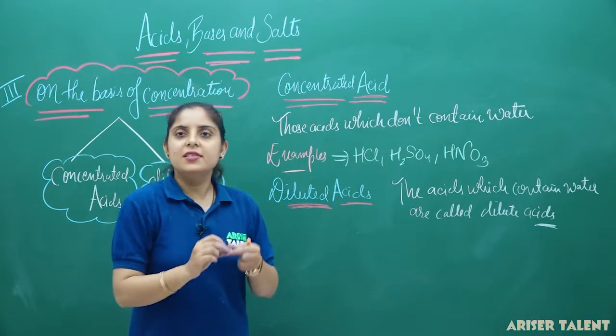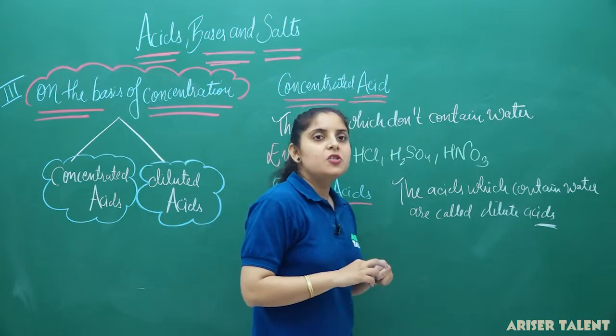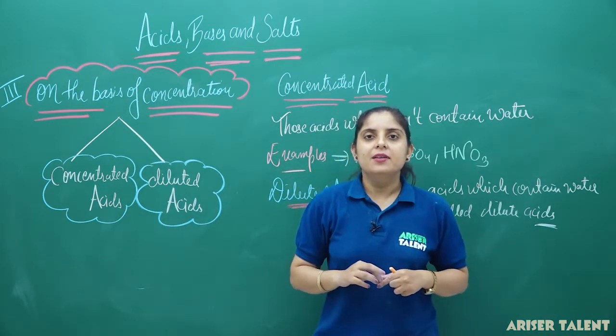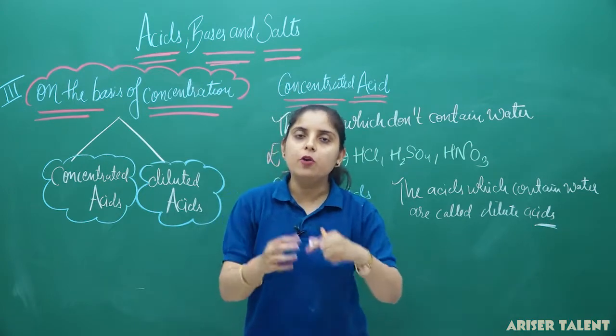Clear? So this is dilute acids you have. Now if I am saying that a strong acid is a concentrated one, so a strong acid will remain strong whether it is diluted or concentrated.